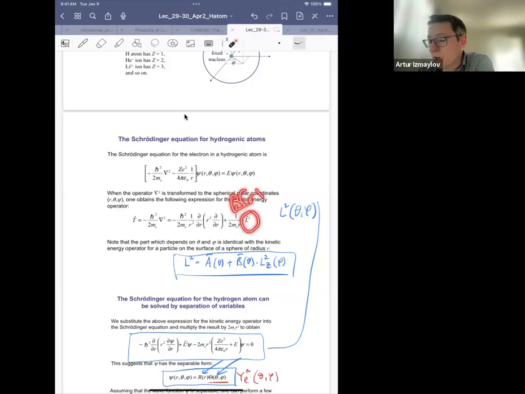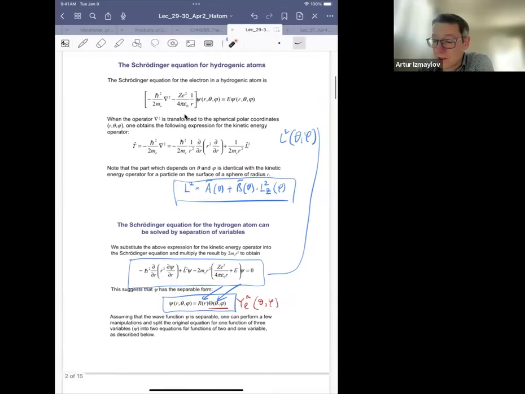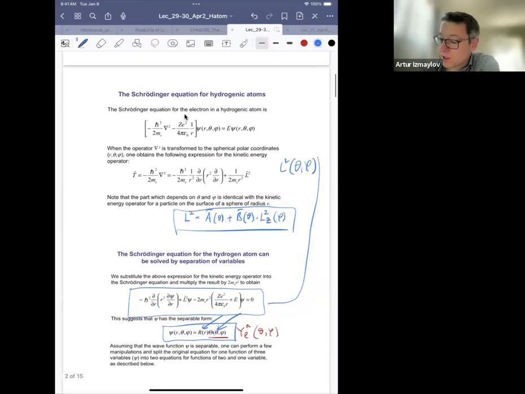And then we have L squared. L squared is the angular momentum, and it depends on two other variables, theta and phi. This is like a nested doll situation, because effectively our operator is in the same form as the L squared operator. Let me write it down so you can see the similarity.